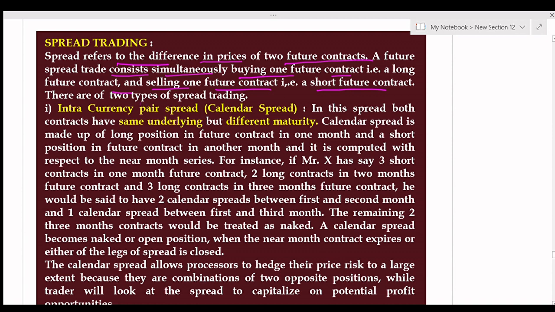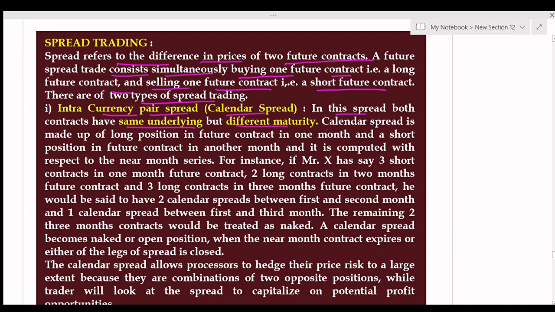There are two types of spread trading. One is the intra-currency pair spread, the calendar spread. In this spread, both contracts have the same underlying, that is, the currency or equity of the same company, but different maturity.